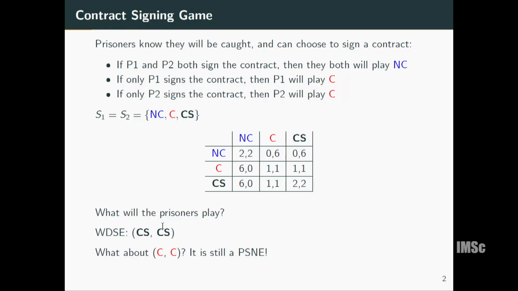So why is it a weakly dominant strategy equilibrium? Because if it is not signing the contract, it is going worse. So what is a weakly dominant strategy?